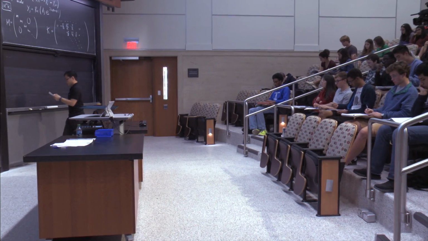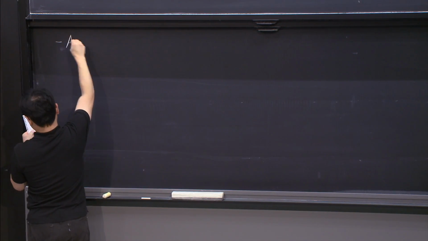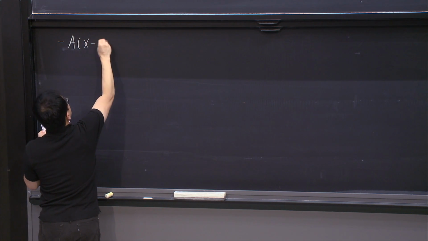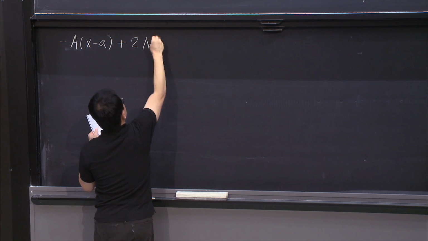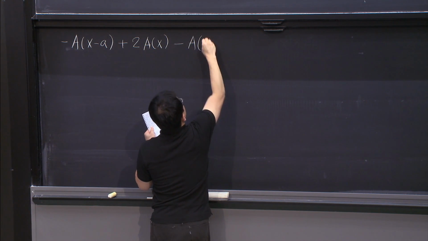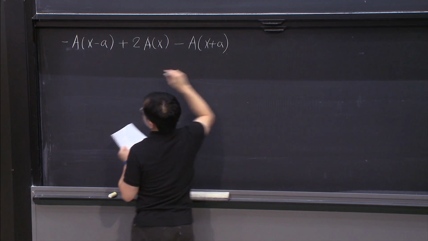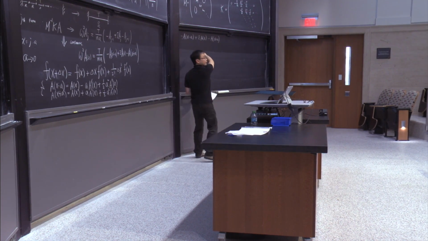Once I have done this, I can calculate minus A(x minus a) plus 2 A(x) minus A(x plus a). I'm just taking the middle term and copying it there.